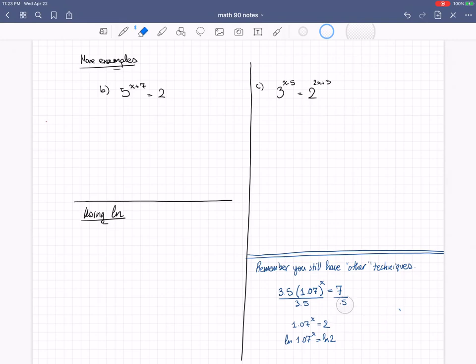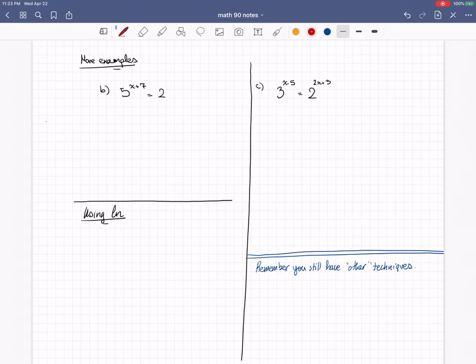In the first example, we have 5 to the power x plus 7 is equal to 2. This is very, very similar to the one that we just solved, but the reason I'm showing it to you is because at first, I want to look at solving this equation using log, and then I want to solve it using natural log to show you that you get the same thing either way.